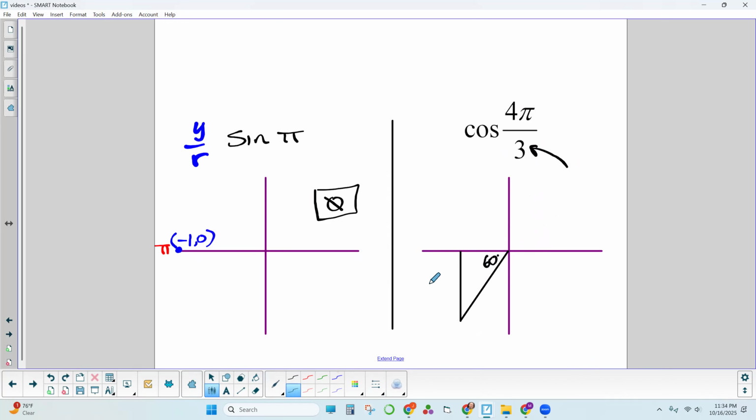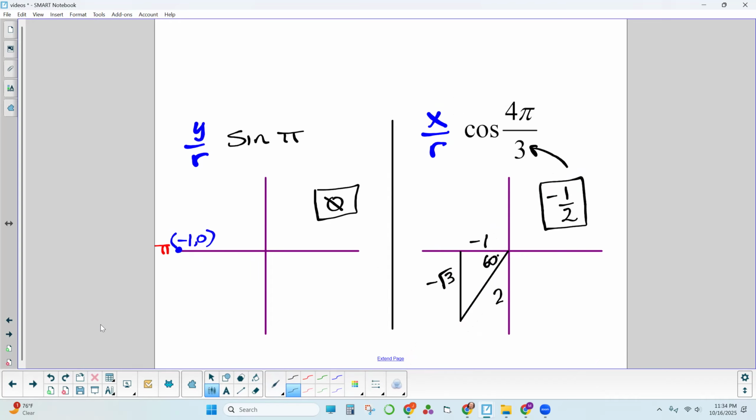Across from 60 is negative square root of 3. Across from 30 is negative 1. R is 2. R is always positive, it's a radius. Cosine is x over r, and x over r is negative 1 half.